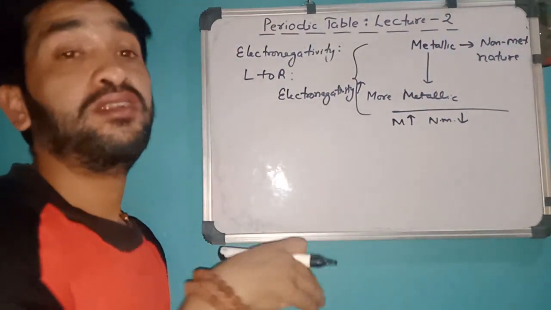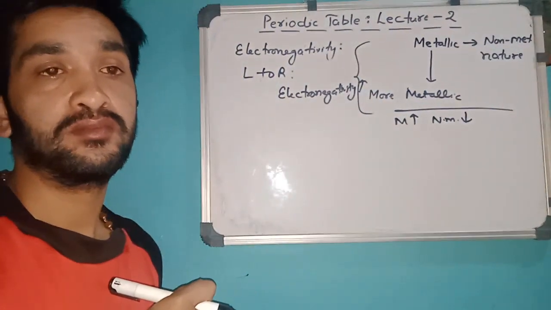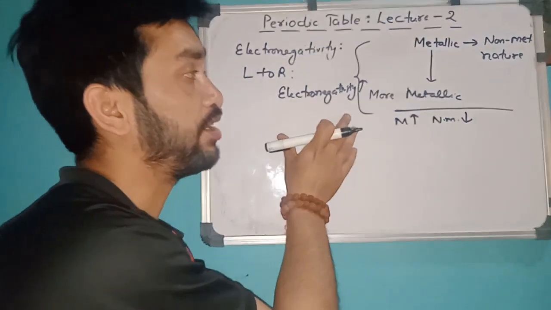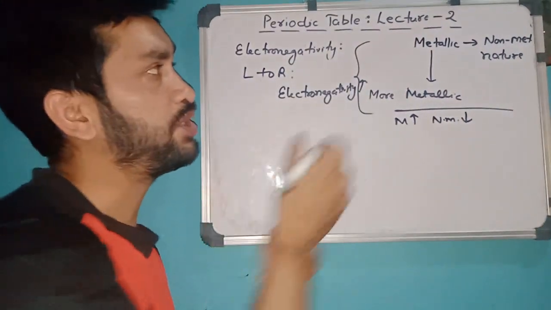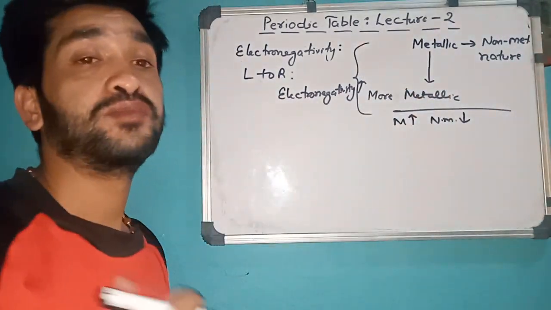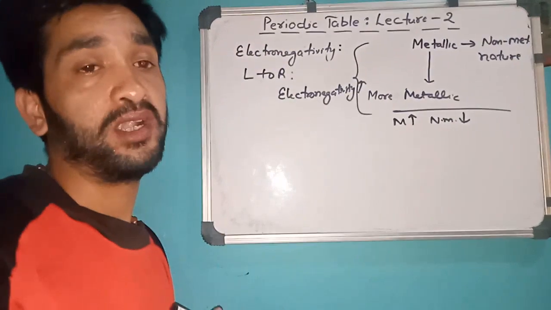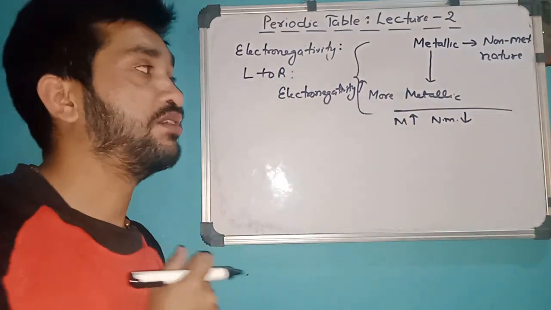Why is electronegative character increasing? Because non-metallic character is increasing. And if I talk about electronegativity from top to bottom, what will be the trend? See, at the top it is metallic, and when you go down, you observe that it is getting more and more metallic. More metallic means electropositive character, not electronegative character.